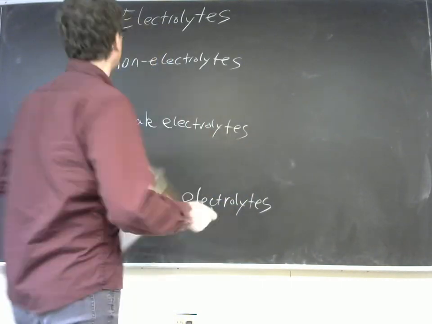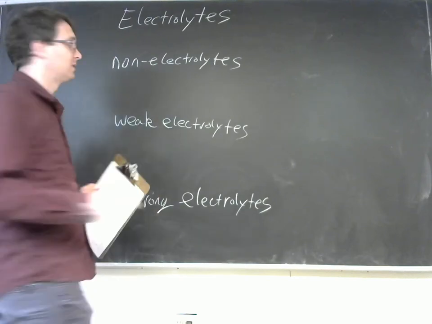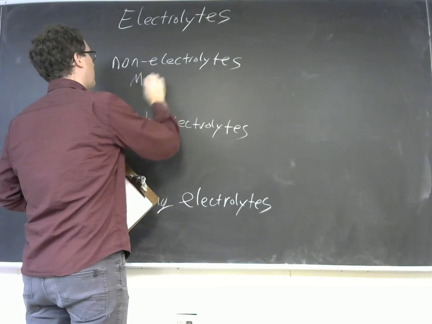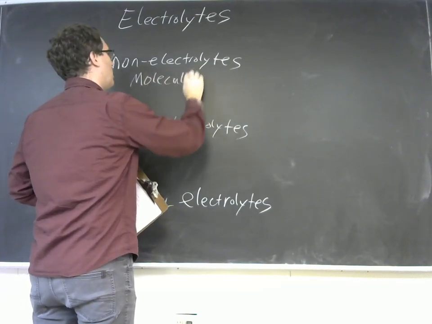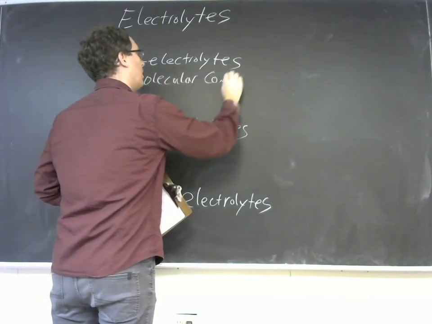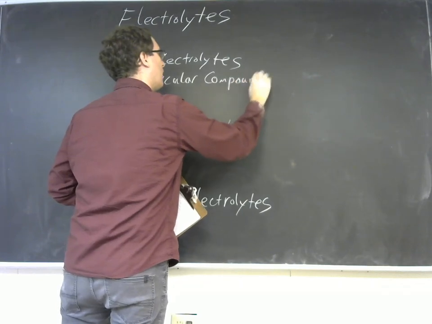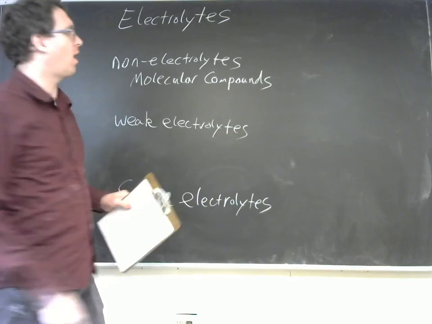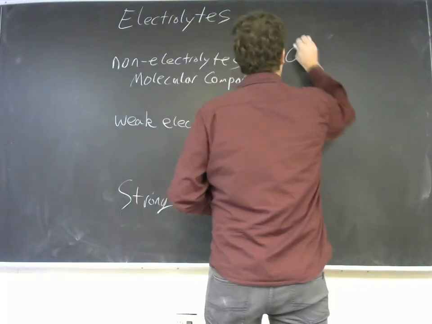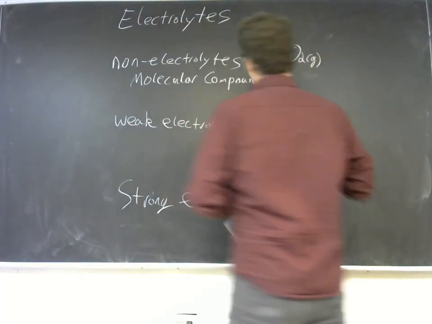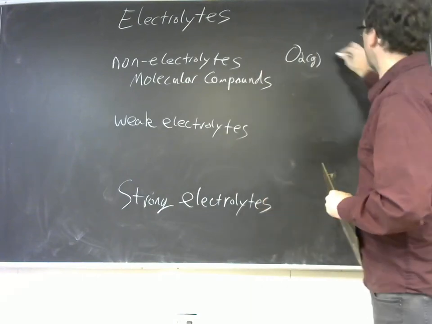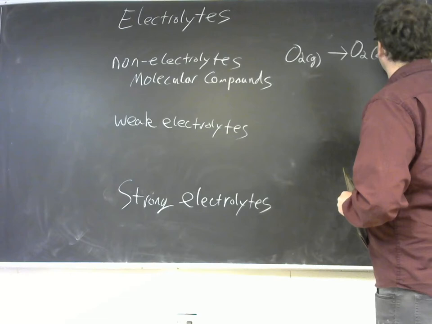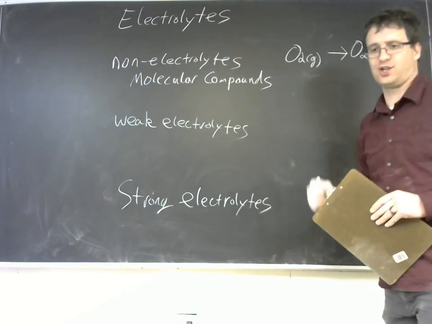All right, so what are non-electrolytes? These would be molecular compounds which dissolve in water but do not break apart. So, for example, oxygen is a molecular compound, and oxygen will dissolve in water and produce oxygen aqueous.